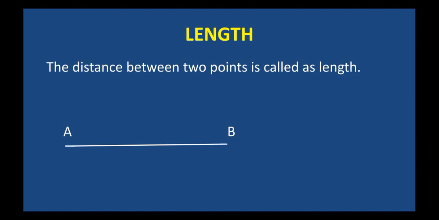So what do we understand? We understand that length is basically the distance between 2 points. Now length is a fundamental physical quantity. It is a very important quantity in physics. So let us learn more about this.